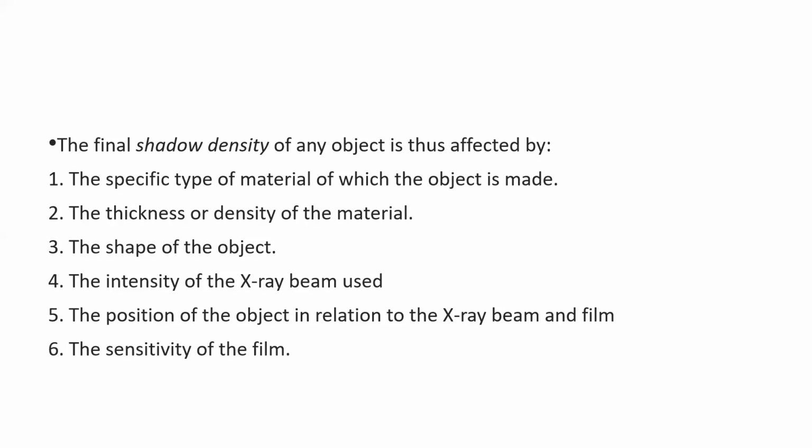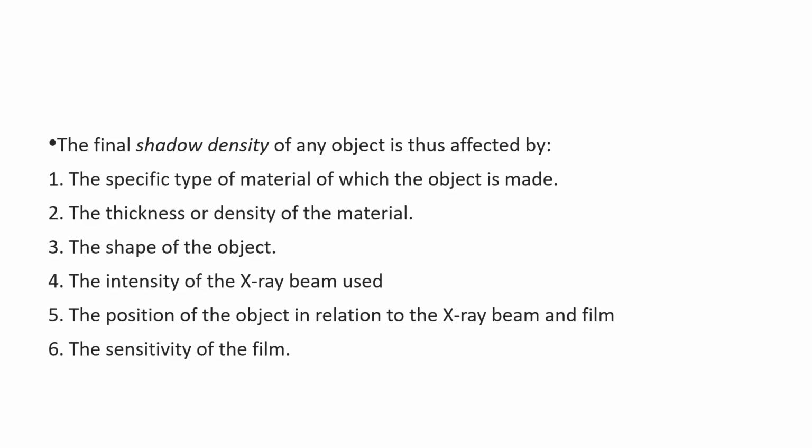So the final shadow density of any object is affected by the specific type of material of which the object is made. For example, if a patient has an amalgam filling in their mouth, obviously this will be within the teeth, surrounded by enamel, dentin, and the pulp.